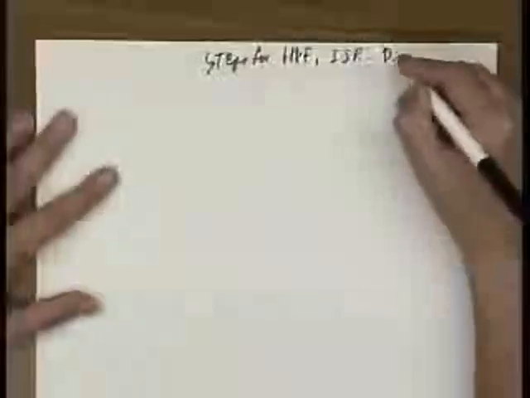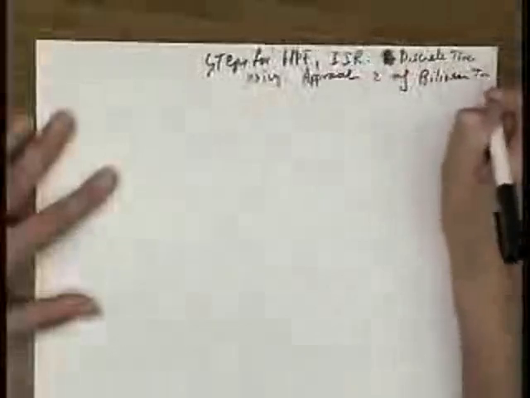So once again, the steps for a high-pass filter, IIR, discrete time, using approach 2 of bilinear transformation. And I'm going to bring back this thing, page 8. So it's the reverse of this thing.